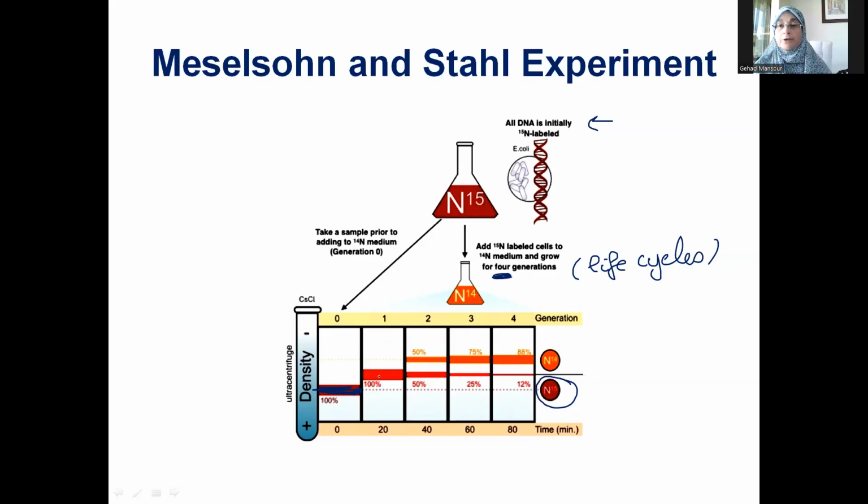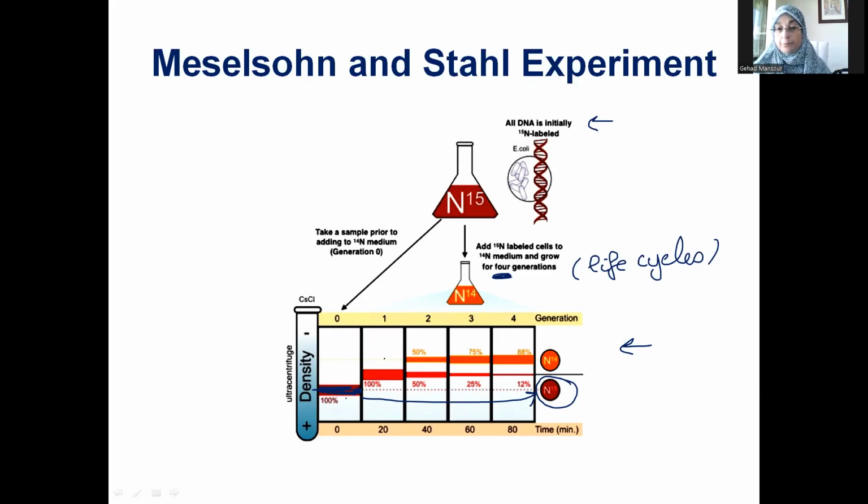After the first life cycle, we have 100% in the middle of the density. Here the diagram is related to what I said, but the percentage refers to something else. Here the percentage refers to how much percent of the bacteria have a particular density. Now here 100% of the bacteria were at that level, which is the level of nitrogen 15.